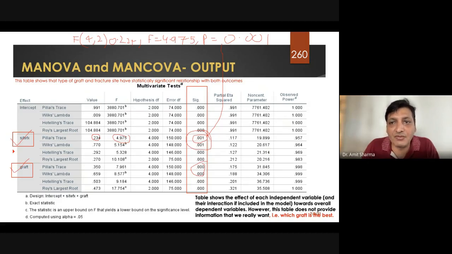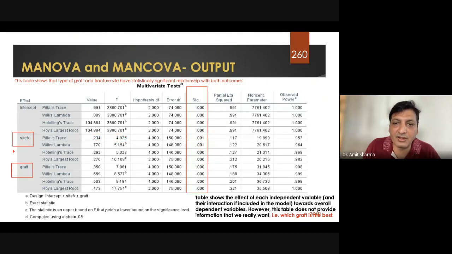If these p-values were found less than 0.05, it means yes, different categories of site of fracture, that means if the bone is different, obviously it is going to affect the cost and the length of stay. If these p-values were more than 0.05, then you can say this particular variable does not affect. For example, here we have got 0.51 and here we have got 0.72.